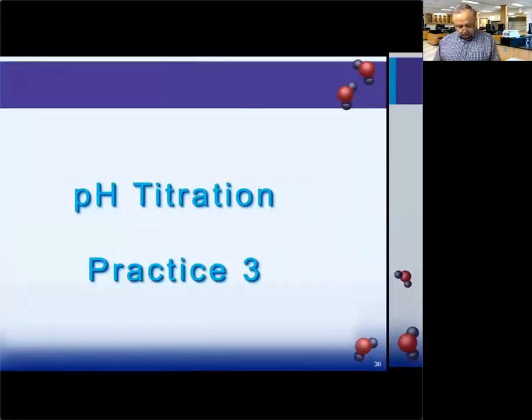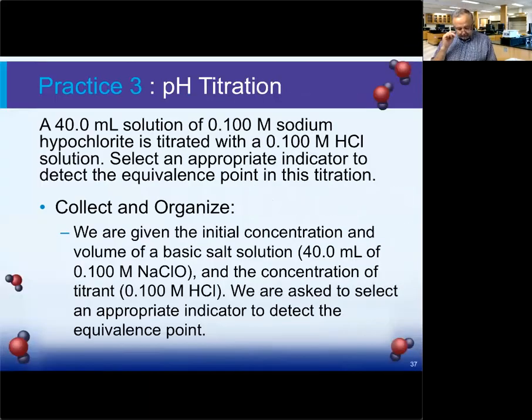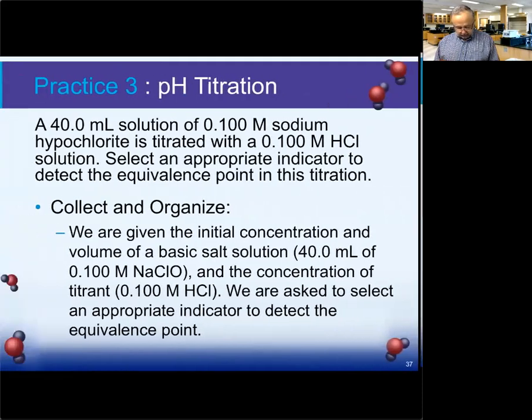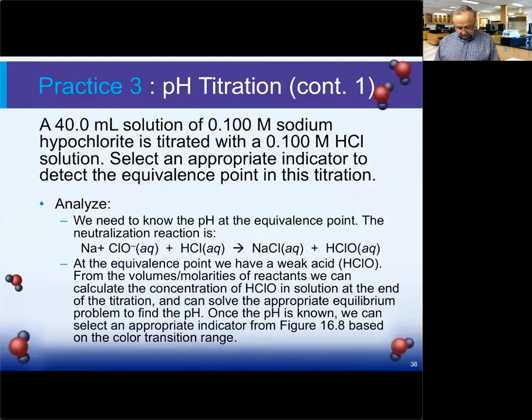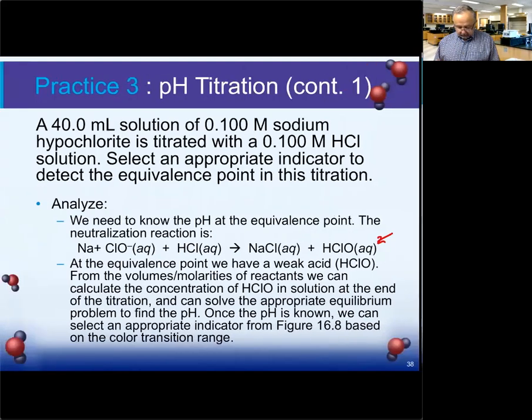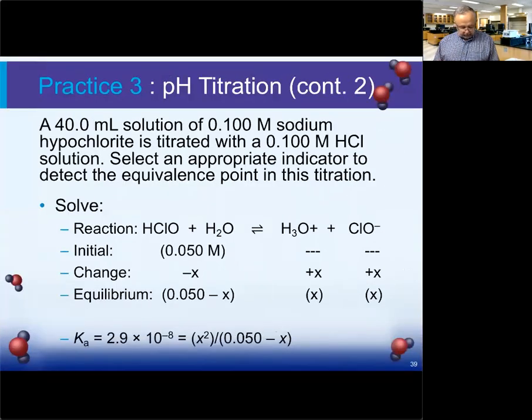And then we did this exercise on the titration of HCl and sodium hypochlorite, and we solved for that. So we have this reaction here, and the initial concentration is 0.05. We do this minus x, plus x, plus x.